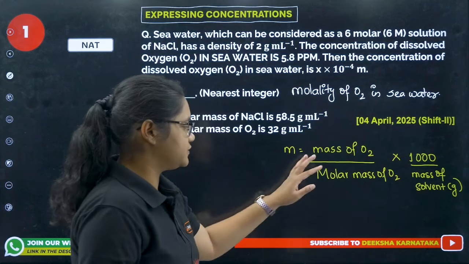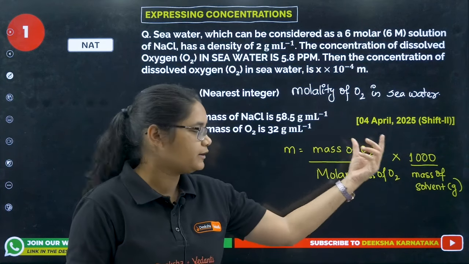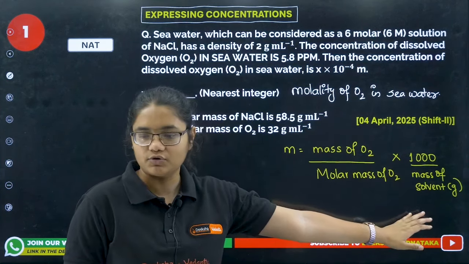Okay, mass of oxygen by molar mass of oxygen into 1000 by mass of the solvent, right?